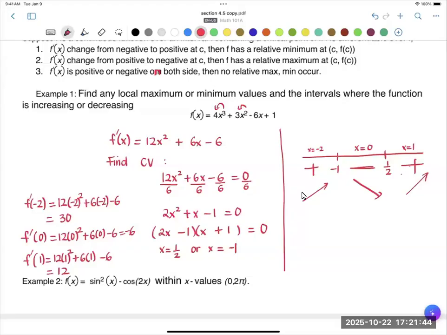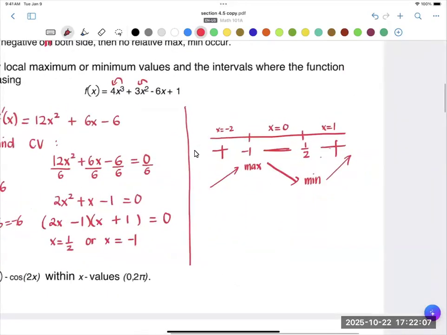So when the derivative changes sign from positive to negative, you have the relative maximum. So I'm going to have a maximum at x equals negative 1. And from negative to positive, you're going to have a minimum at x equals 1/2. Okay, so that answers your question for the problem.